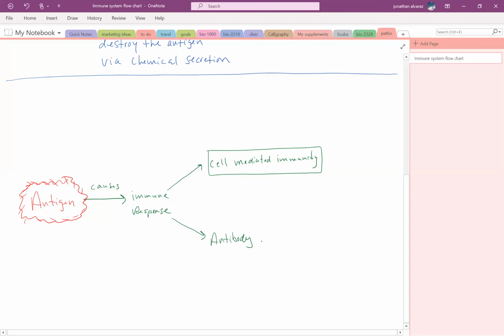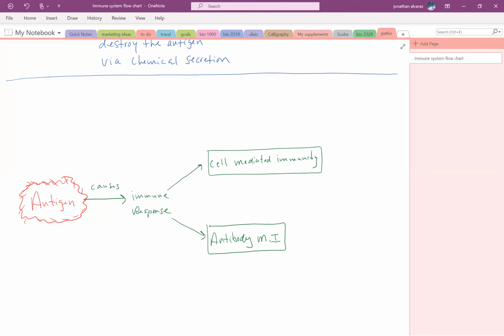I'm just going to say MI for short for mediated immunity. So you have cell-mediated immunity, which is a bunch of soldiers that come out and do their job, and antibody-mediated immunity, which is different soldiers to come out and do their job.